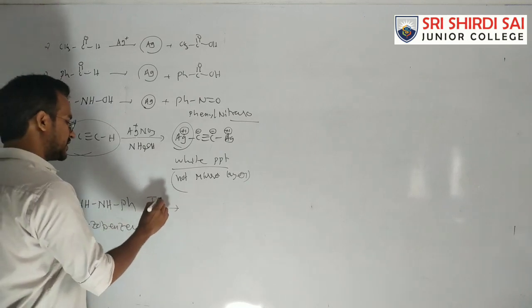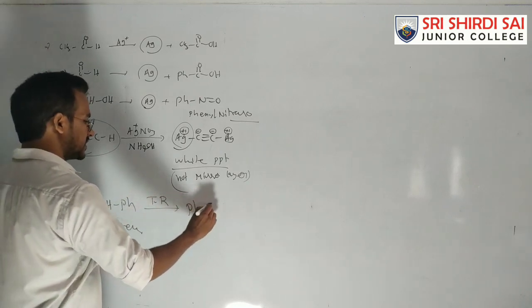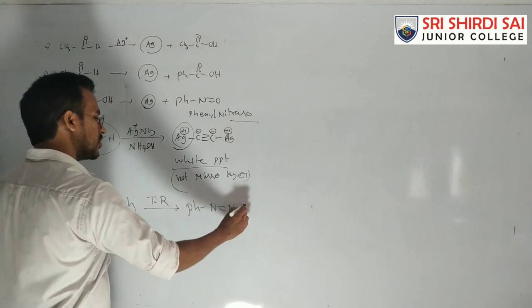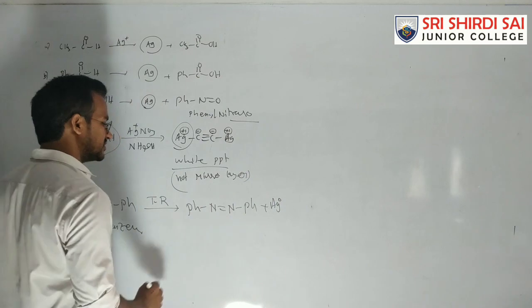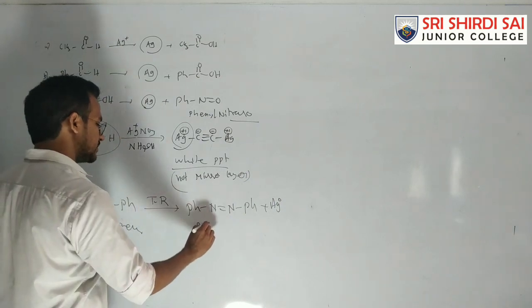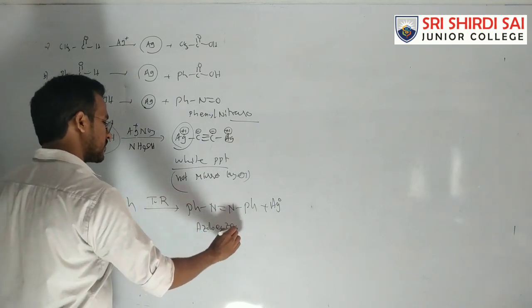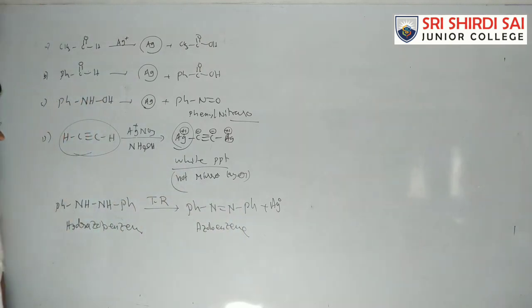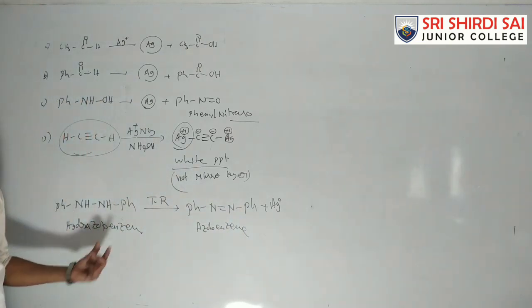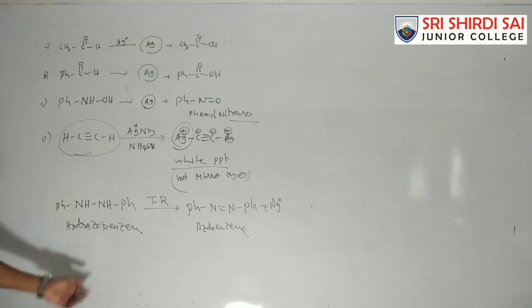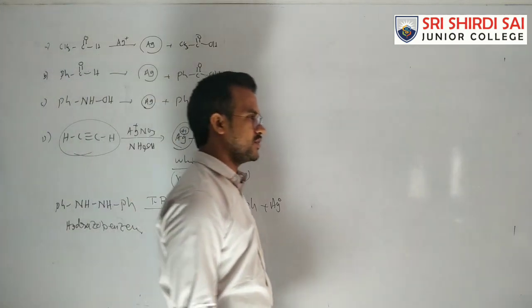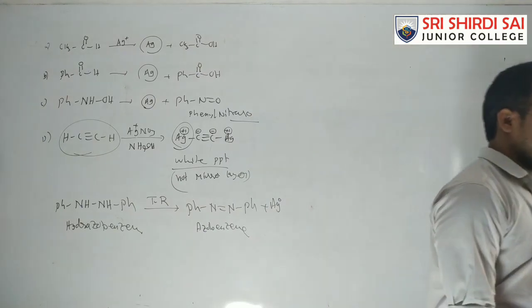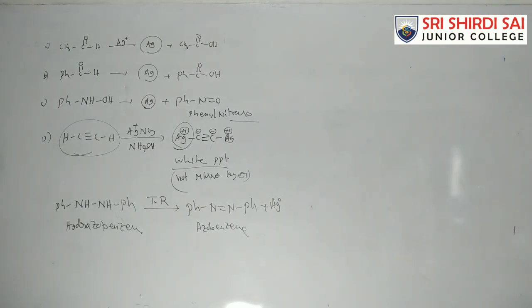This one also, on treating with Tollens reagent, gives an oxidized product, that is azobenzene. That means here there is a positive Tollens test. There are some compounds other than carbonyl compounds that give a positive Tollens test.